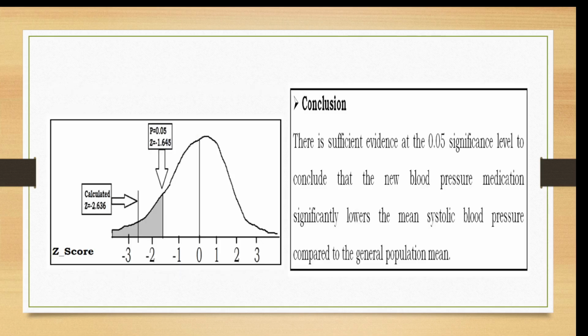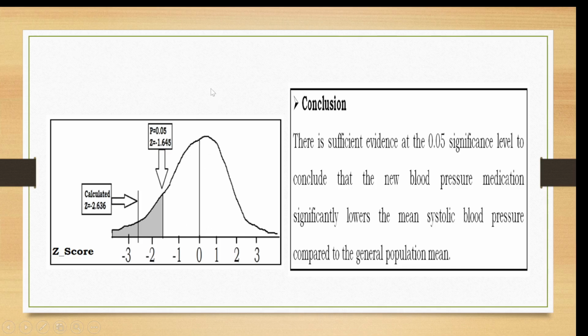As a rule of thumb, based on the magnitude of the Z-score, in the case of positive Z-scores, above the mean, the null hypothesis can be rejected when the calculated Z-score is greater than the critical Z-score, because that means it is falling directly in the rejection zone here.